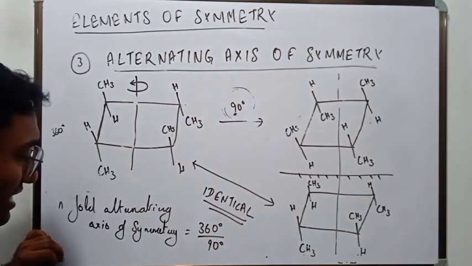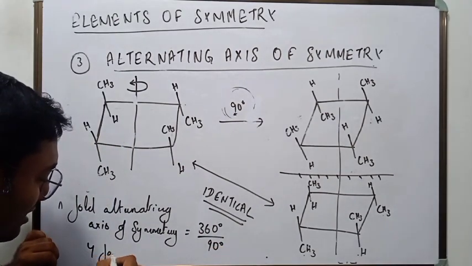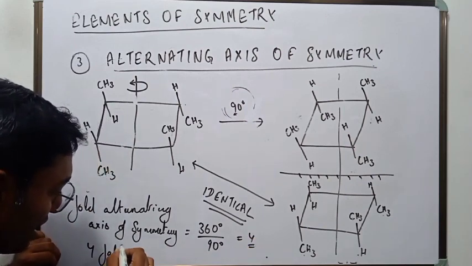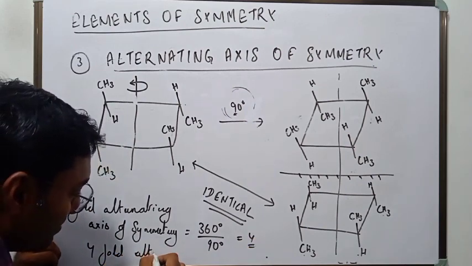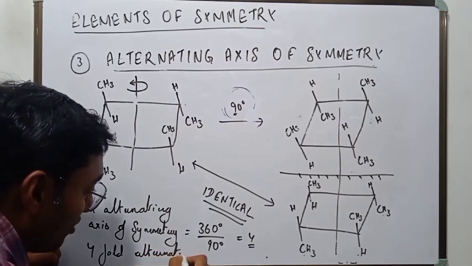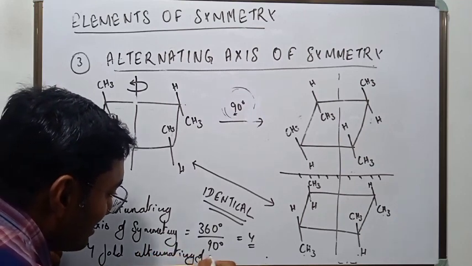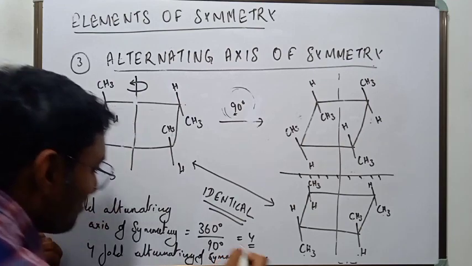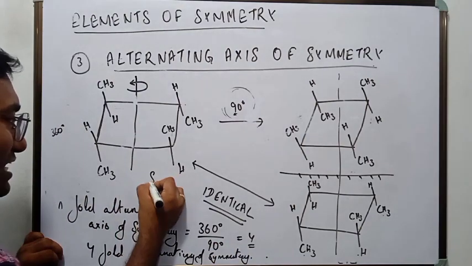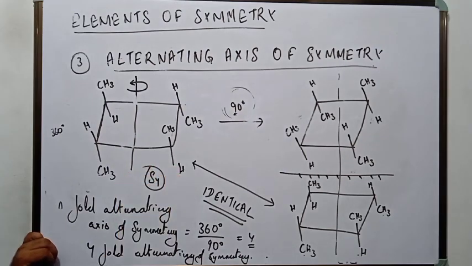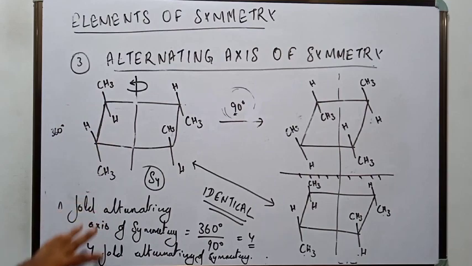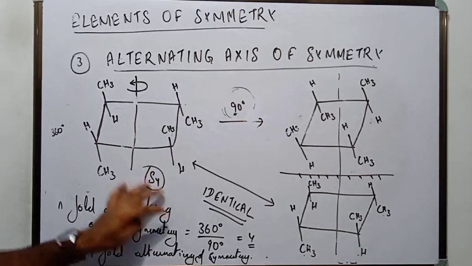So you are seeing that it is 4-fold, the answer would be 4, correct? So there is a 4-fold alternating axis of symmetry. This molecule is said to have a 4-fold alternating axis of symmetry, right? It will be denoted as S4.